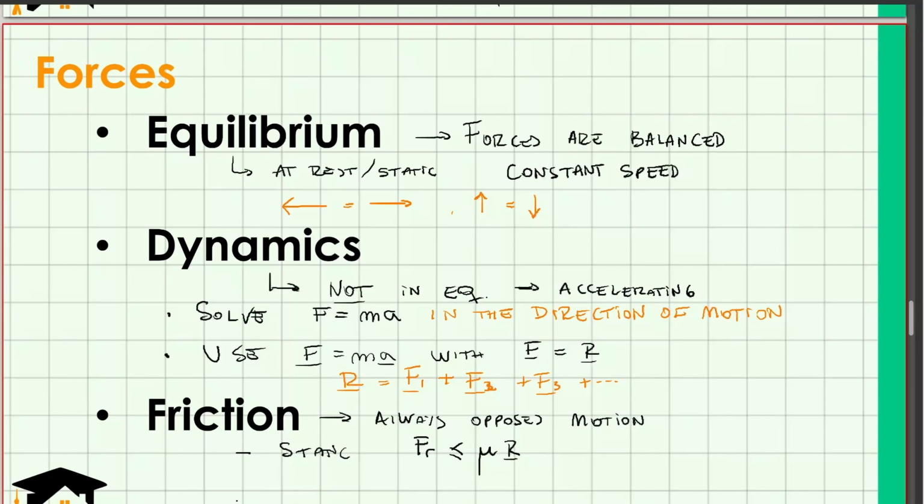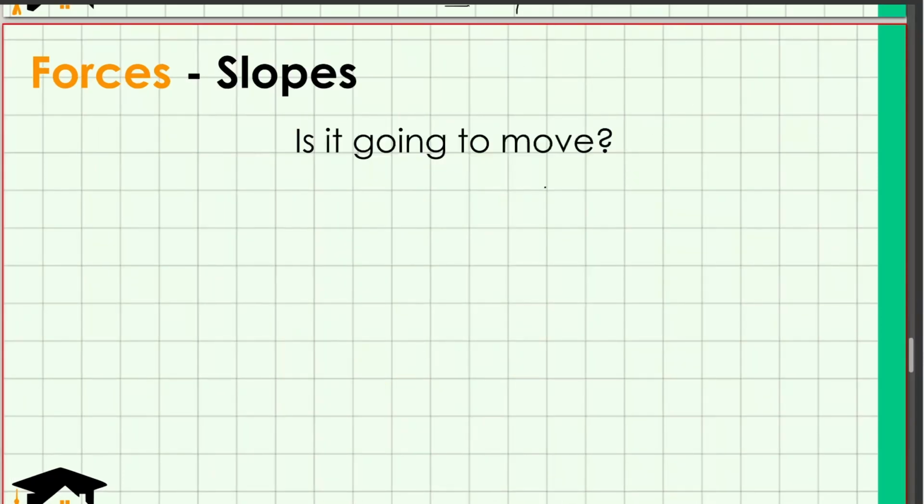And we can also have the limit equilibrium, and this happens when Fr, the friction force, is greater than mu times the reaction force. So we might see frictions, for example, in slopes, and we might be asked if an object is going to move or not.